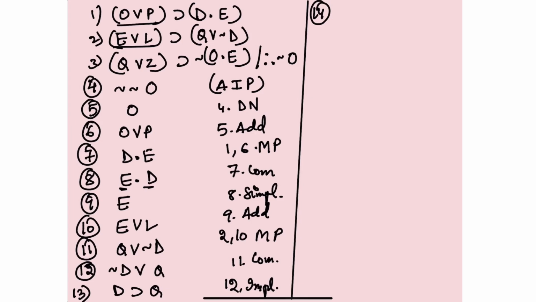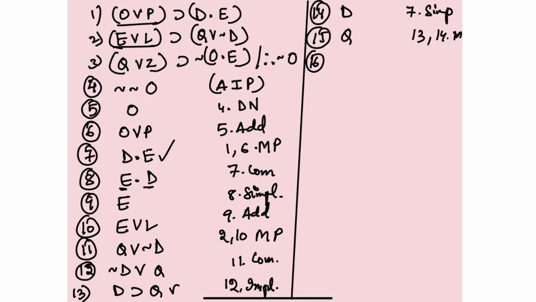You have D horseshoe Q, and here you have D, so you can do a simplification first. Simplification of 7th, and then you can get Q in 15th by using 13th and the 14th. You can use modus ponens over here, and you can get Q.